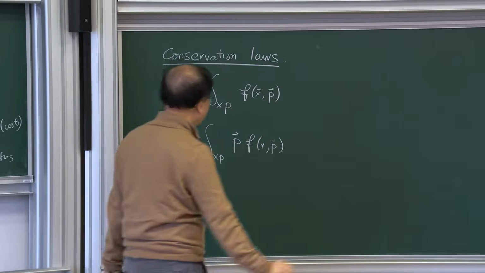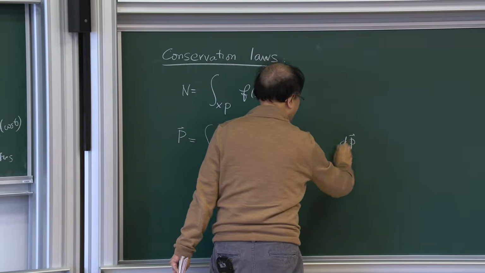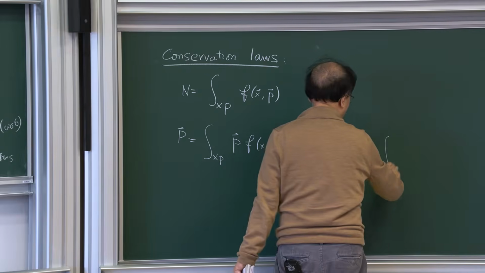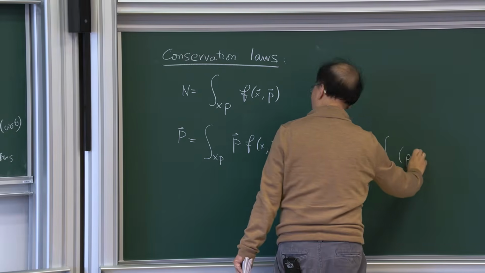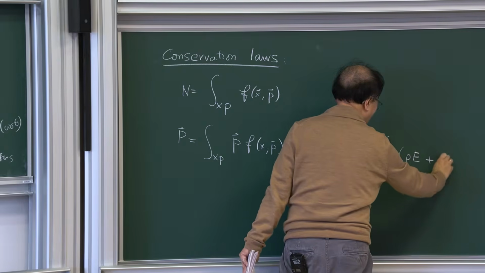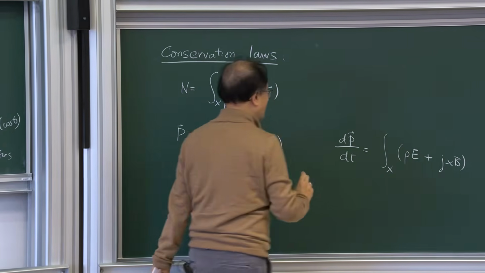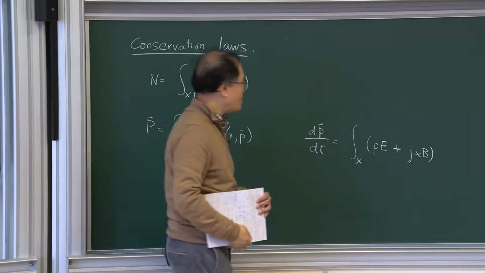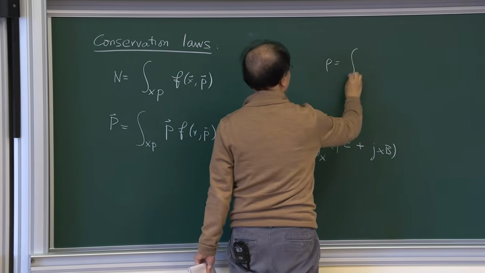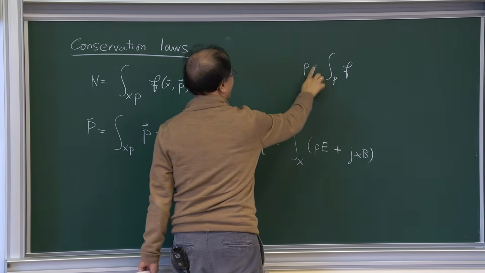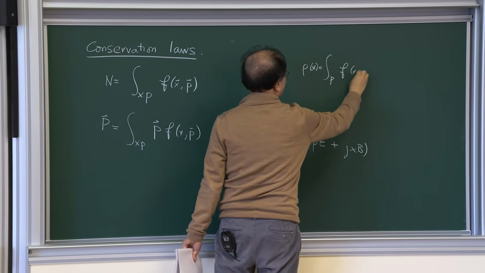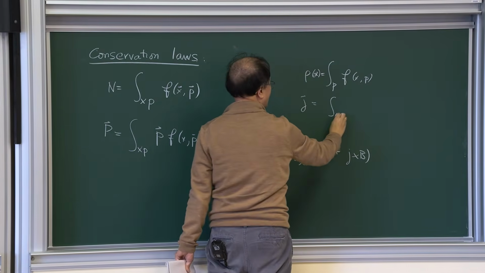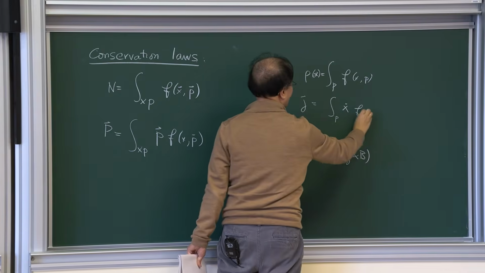But in the presence of an external field, the total momentum changes, becoming something like the integral over dx of rho E plus J cross B, where rho and J are the density and the currents associated with these particles. Rho is just the integral over p of f, so rho of x is the integral of f of x and p, and J equals the integral over p of x dot f of x and p.